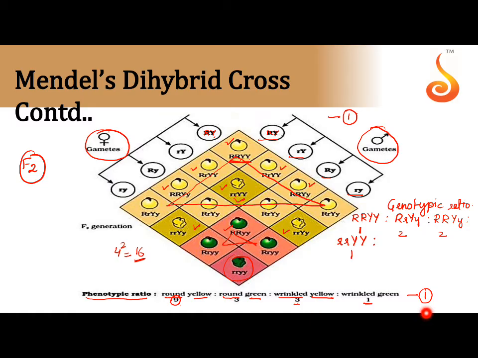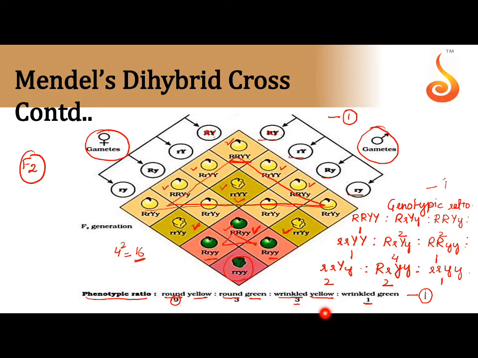Then this complete entire line of capital R, capital Y, small y is 4 in number. After that you can see this particular one where you have capital R, small y being 1 in number. After that you have these 2 green ones, 2 small r, capital Y, small y, 2 in number. Then you have these 2 red zones where you have capital R, small y, 2 in number. And finally you have small r, small y, 1 in number.